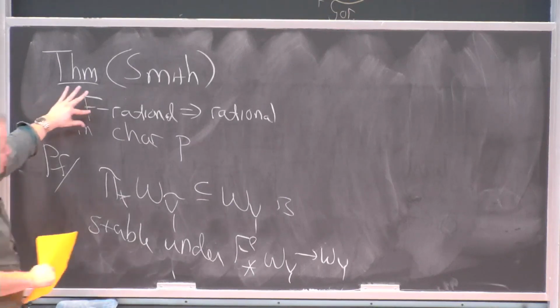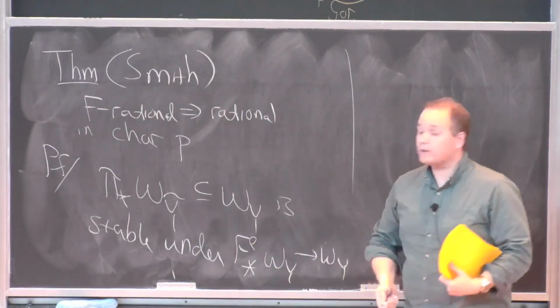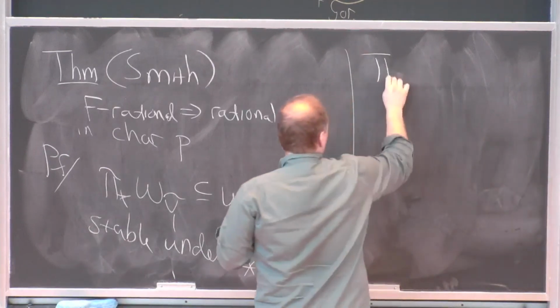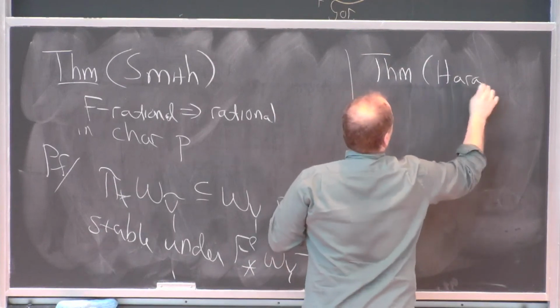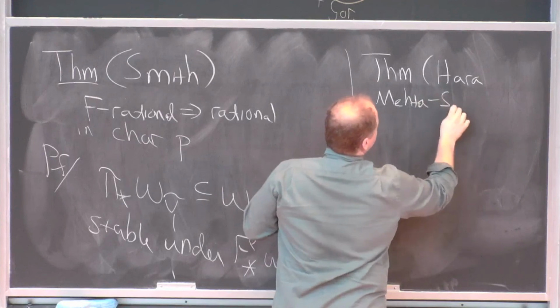So this holds, and it immediately follows that if I start with something in characteristic 0 that has the property that after I go to characteristic p, it is F rational, then it is rational in characteristic 0 to begin with. But in fact, there's a somewhat stronger theorem, and this is due to Hara and also Mehta and Srinivas.